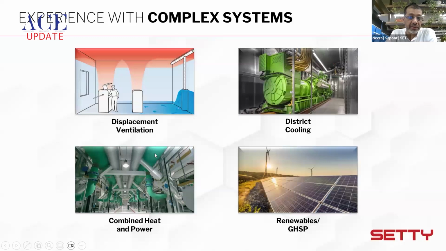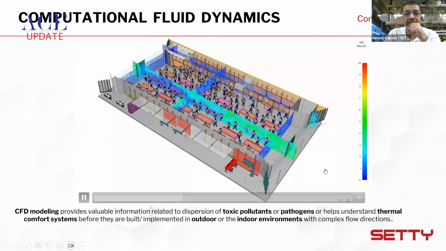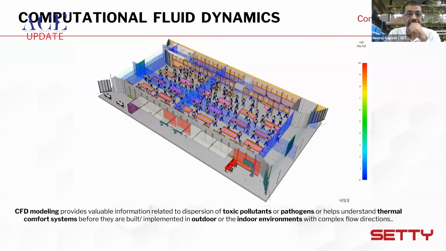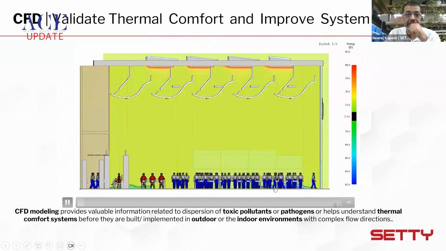Now, how do you make it more future ready? Our mantra being high performance complex buildings, we try to move forward with various simulation methods before we actually deploy these in the buildings. So this is a particular building where we are utilizing the displacement ventilation method that I was telling you about.